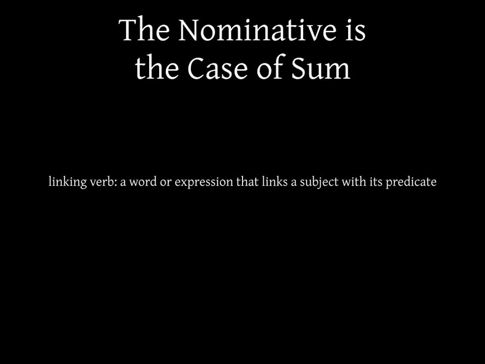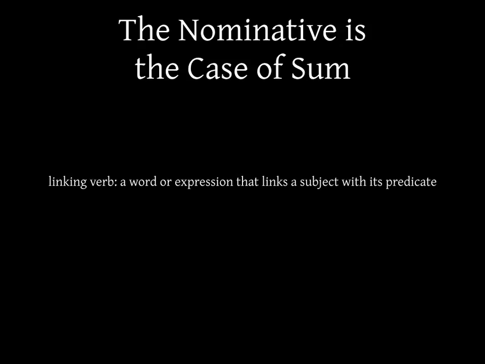As you'll have noticed in that example that I just gave, femina and domina were both in the nominative case, nominative, singular, and feminine. And they agree in case because the nominative is the case of sum. Sum is a connecting or linking verb, and so it always links two things that are the same.